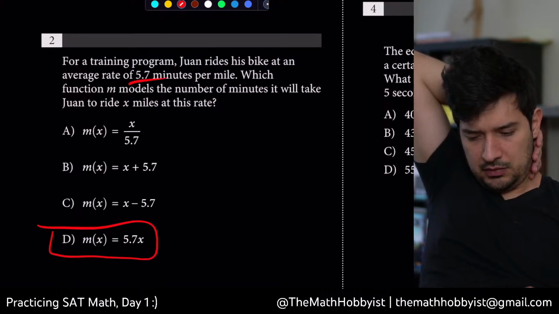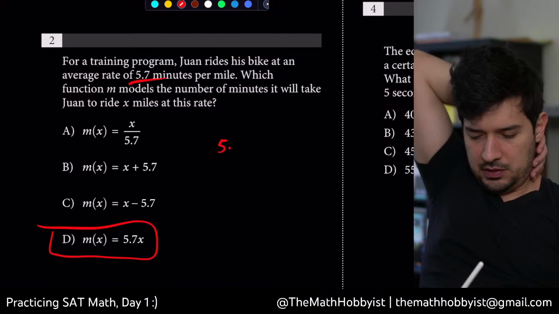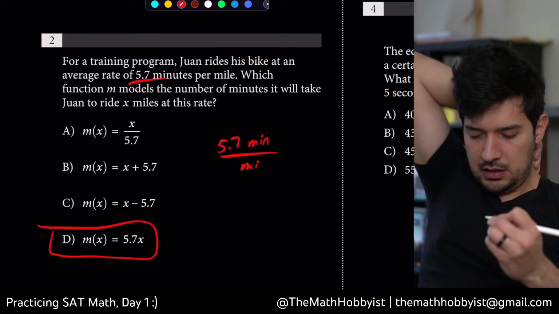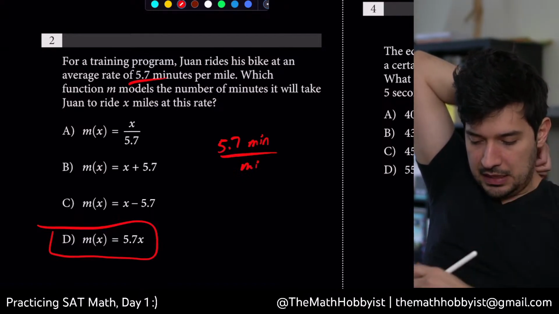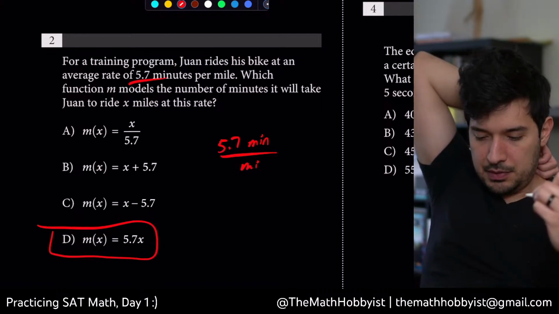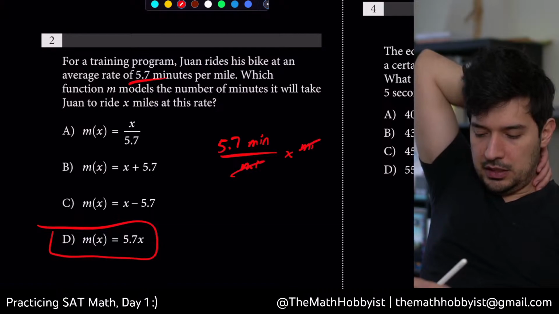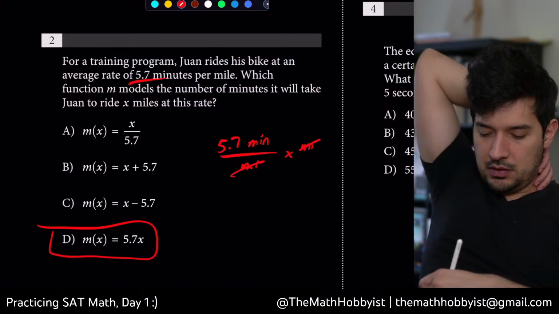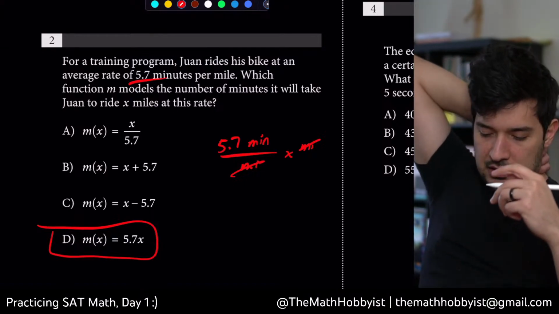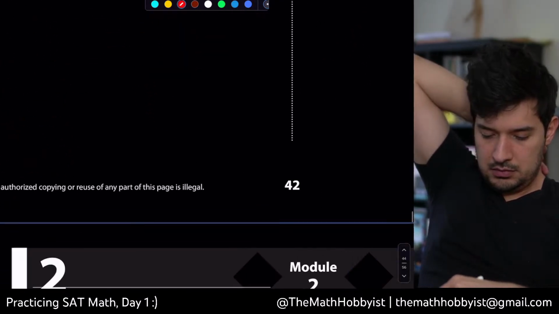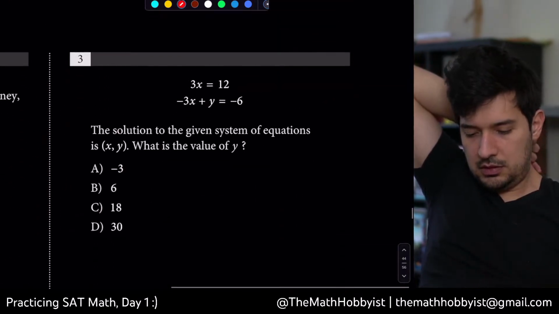Number of minutes. 5.7 minutes per mile, right? And then if we want to find minutes, then we need to multiply by miles. Like doing unit analysis. So, yeah, 5.7 times X. Yes. Gives us minutes.